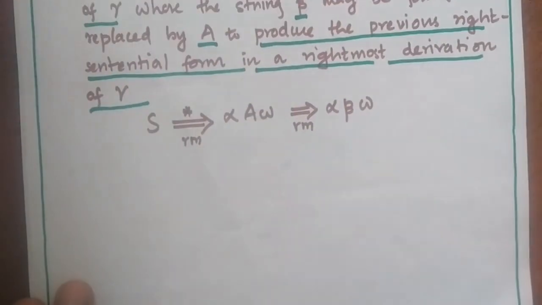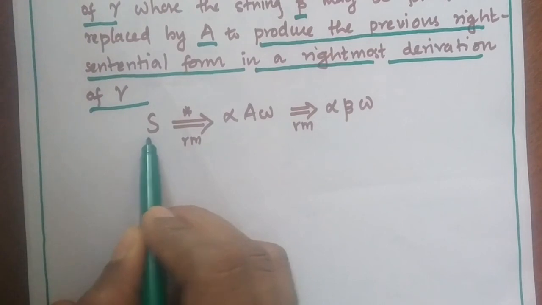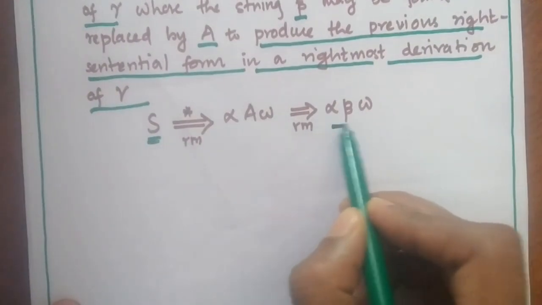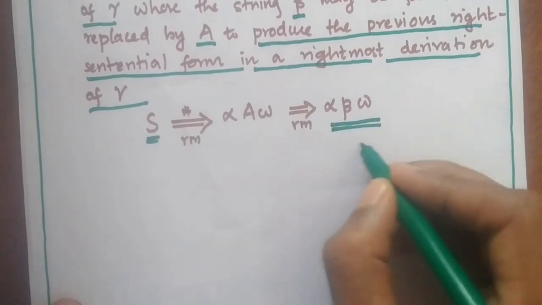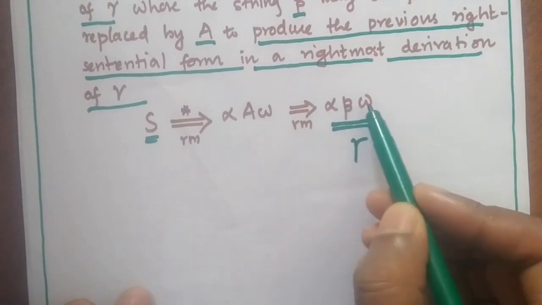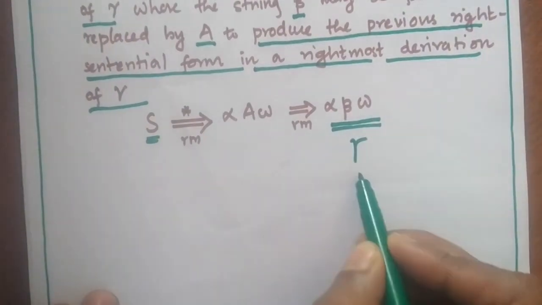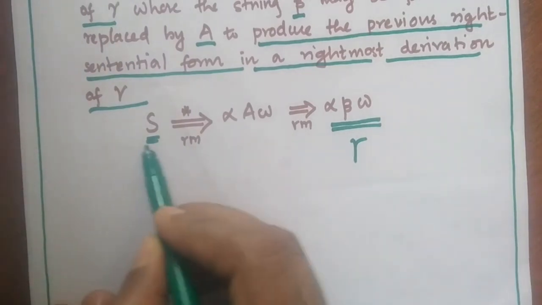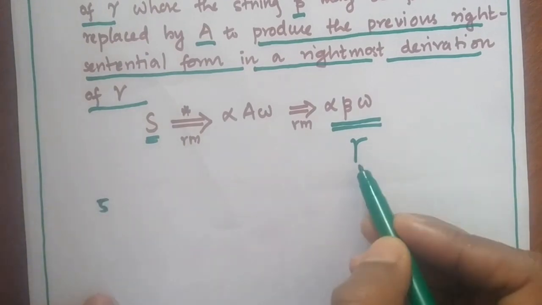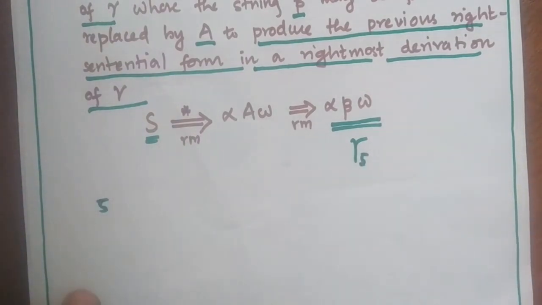For example, here we are starting our derivation from the start symbol, and we reach here. Assume that this is our gamma, of the form alpha, beta, omega, and suppose its position is the fifth position, R5.